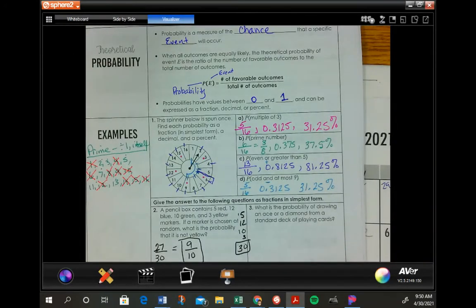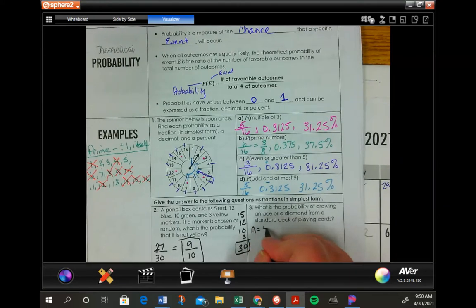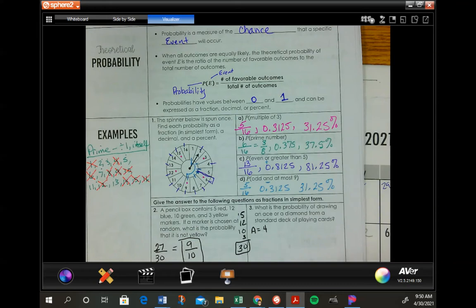Number 3, what is the probability of drawing an ace or a diamond from a standard deck of playing cards? Well, how many aces are there? There are 4 aces. How many diamonds are there?